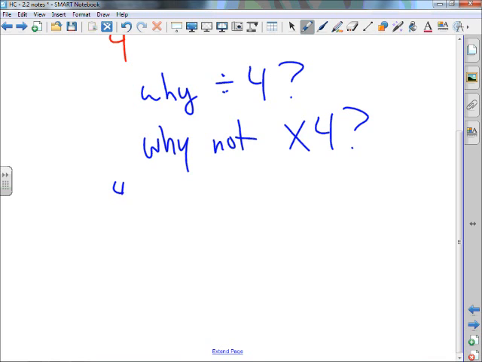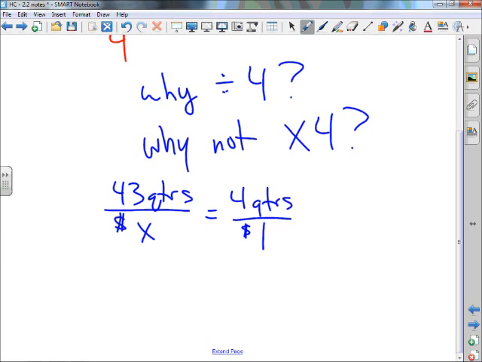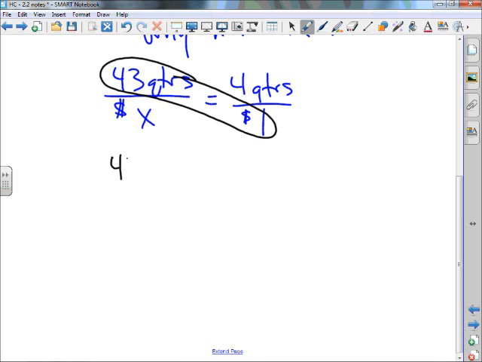So here's what we have. We have 43 quarters, and we want to know how many dollars do we have, when we know there are 4 quarters for every $1. Proportion. Everybody knows how to do that. Well, then the math is cross multiply and divide. 43 quarters times 1 equals 4 times x.